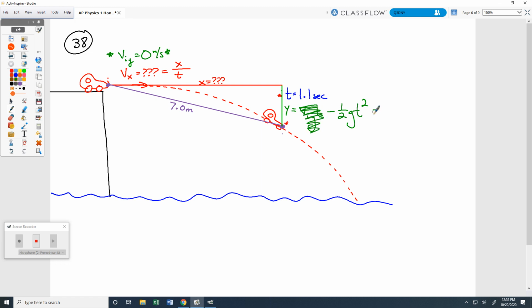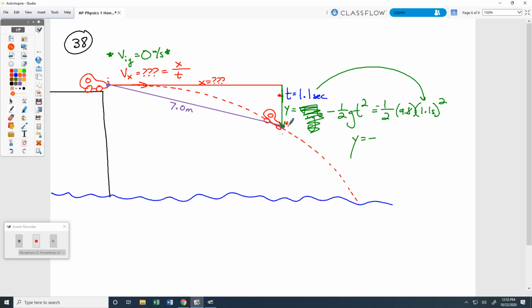So really, I just have to take negative 1/2 times 9.8 times this 1.1 seconds squared, and it should tell me how far this thing has fallen. Yes, it's going to be negative, but that's because it went from here down that distance. So that displacement. When I take my handy dandy calculator and calculate all that, I have y.